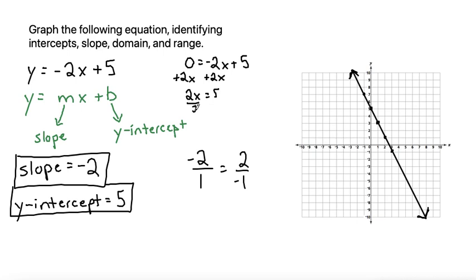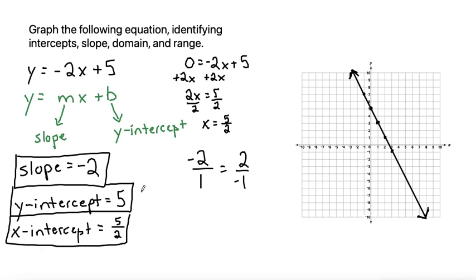And then divide both sides by 2 to get x is equal to 5 over 2, which would be 2.5 in decimal. So that gives us our x-intercept. Let's write that over here. Our x-intercept would be equal to 5 over 2.